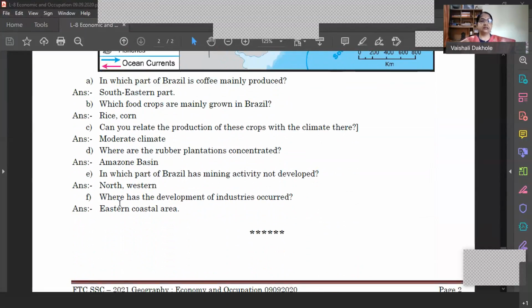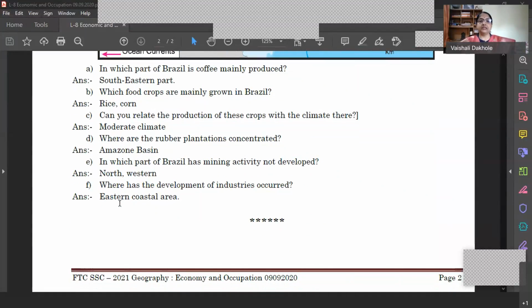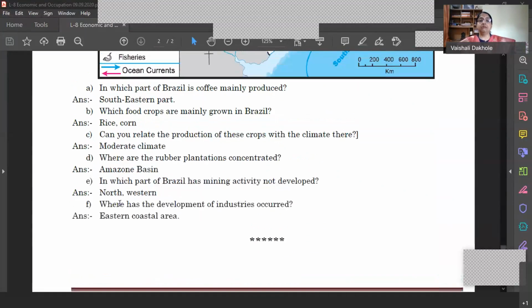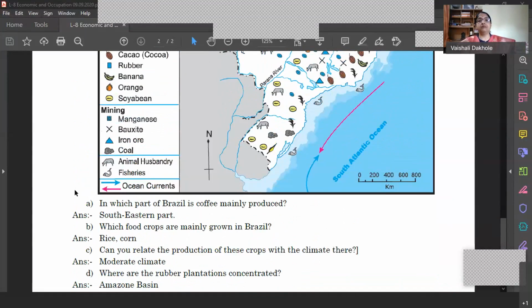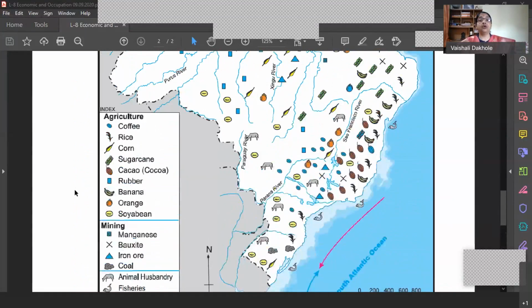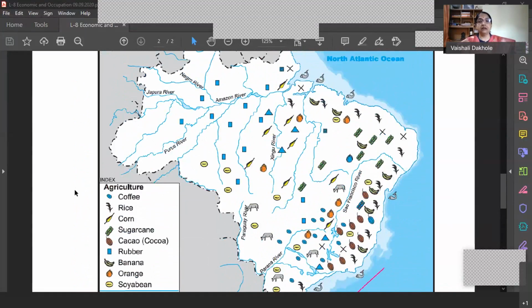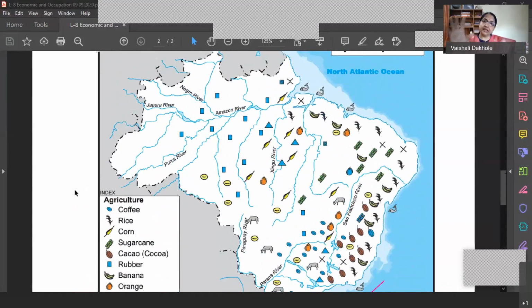Next question is, in which part of Brazil has mining activity not developed? Mining activity will not develop in the region where we don't find any mineral resources. Where there is concentration of mineral resources, there you will find mining activity.